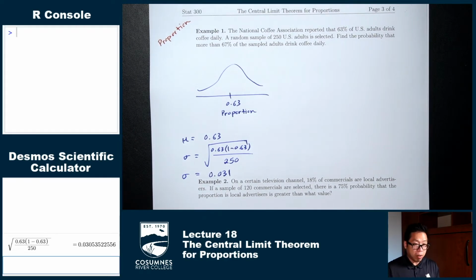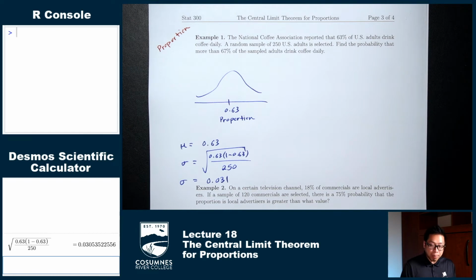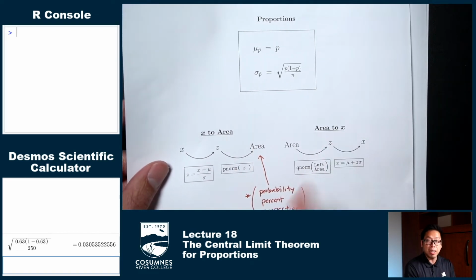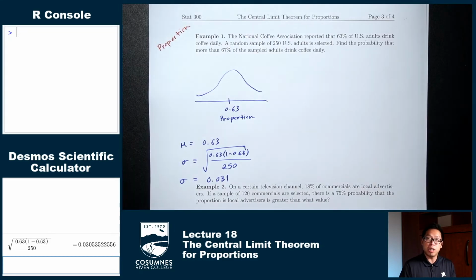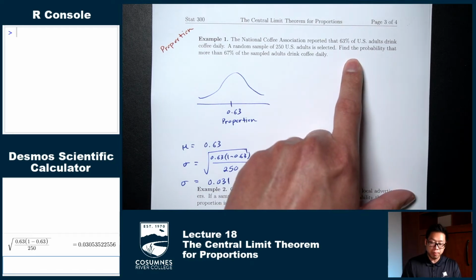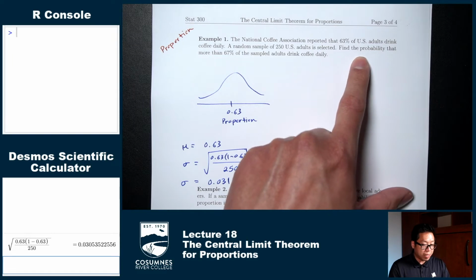Now, from here is similar or the same as what we did in previous 2 lectures. I need to decide what type of question it is. Is it an x to area or an area to x? And then I also need to decide whether it is shaded left, shaded right, or shaded between. So first of all, x to area or area to x. So read the very last sentence, the question. It says, find the probability.